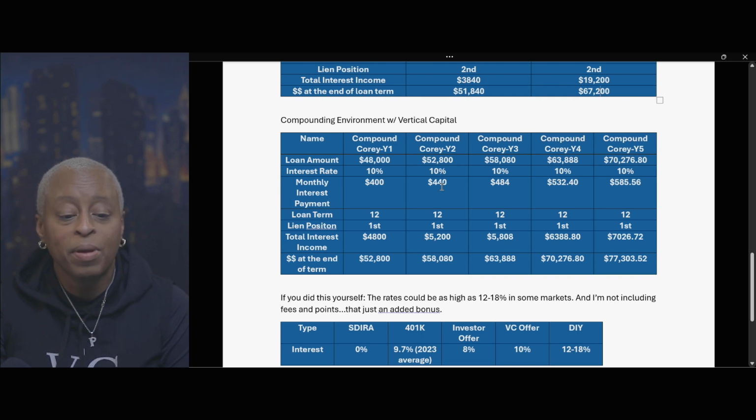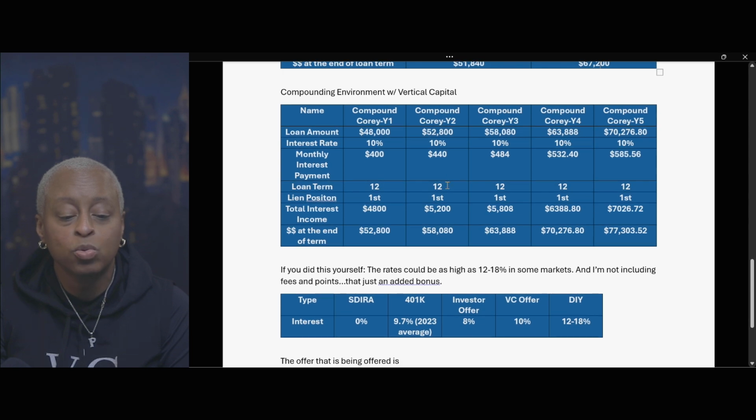Your monthly payment is $440, 12 months. First lien position, not a risky position. $5,200, $58,080. And if we do that, remember, we're carrying our principal and interest into the new year, into a new loan at an interest rate of 10%.